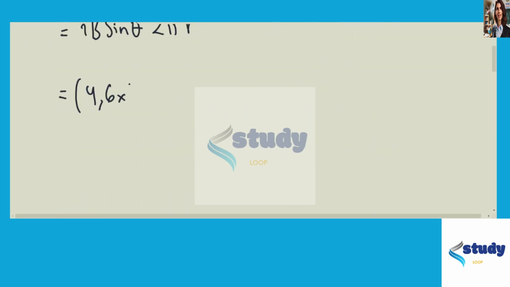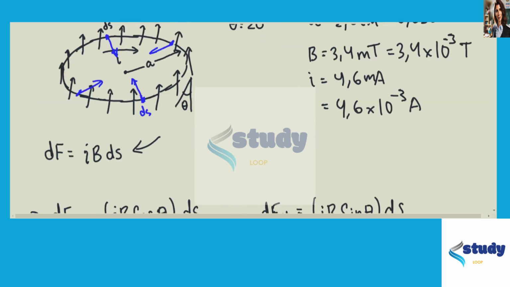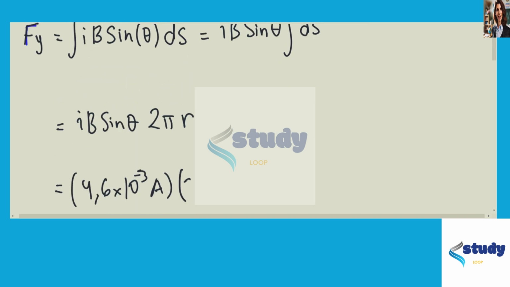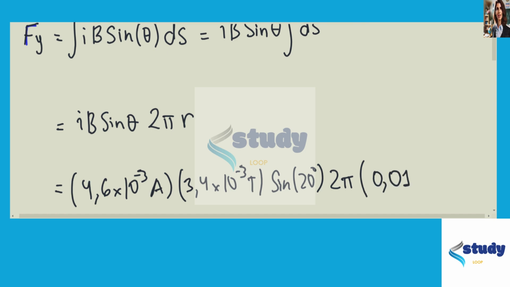Now with that set, we simply substitute the values in here: 4.6 times 10 to the minus 3 amperes. The magnitude of the magnetic field is 3.4 times 10 to the minus 3 Tesla. The sine of 20 degrees, 2 times pi, and the radius, which is 0.018 meters.